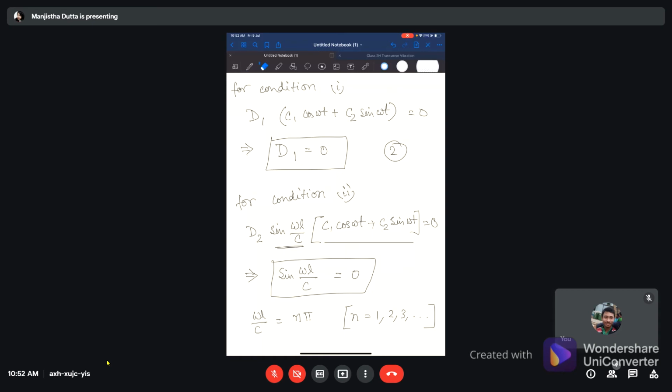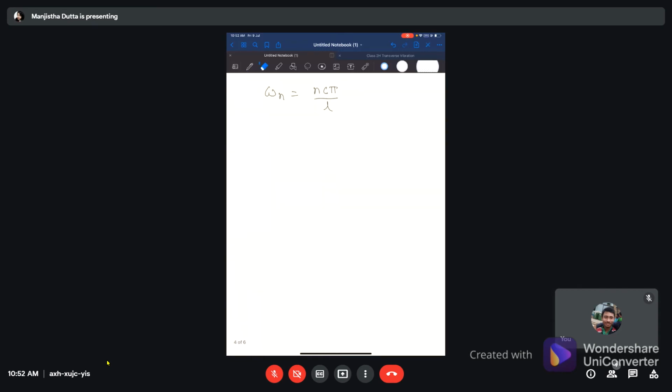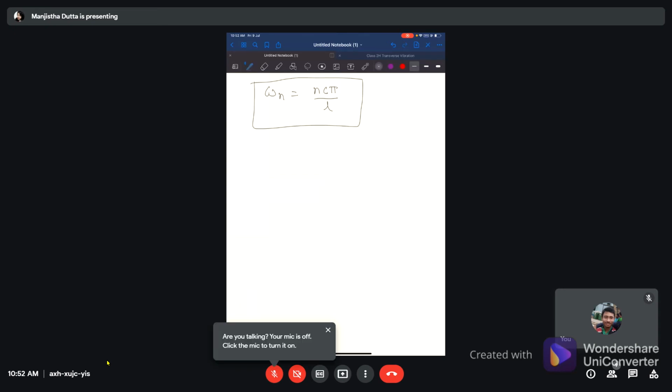We have given the nth suffix for the nth mode. So this is the nth mode of vibration frequency.